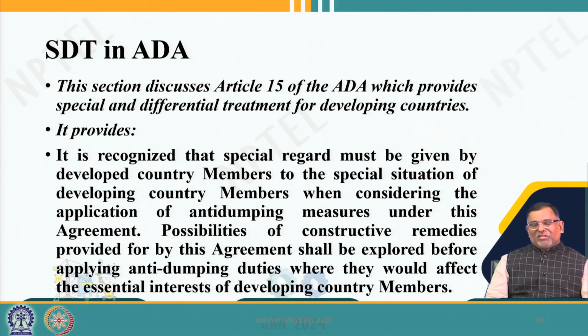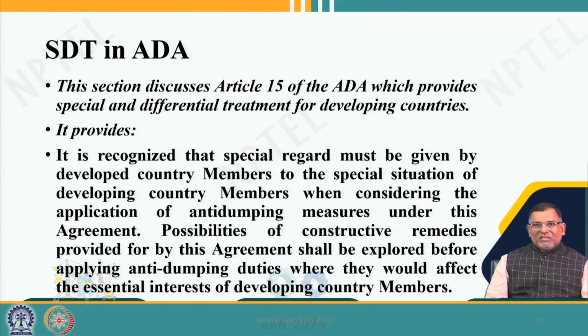But more than 300 cases have been dealt with by the panel so far, and 150 cases by the appellate body, and more than 6,000 initiations all over the world, and we could not find any special concessions given to the developing countries. And also the Article 15 provision says that possibilities of constructive remedies should be explored.